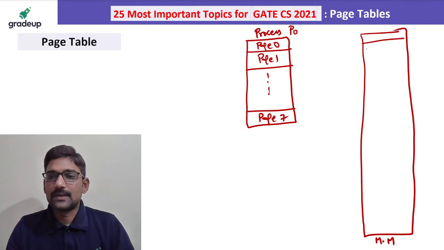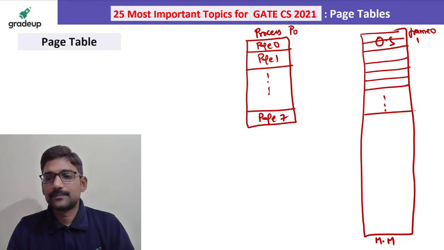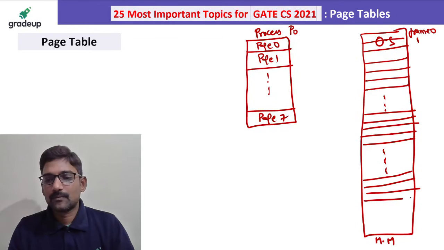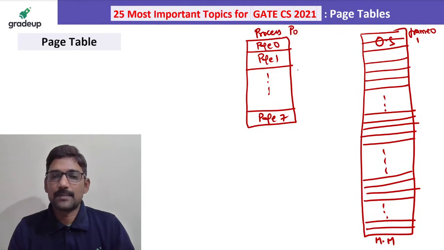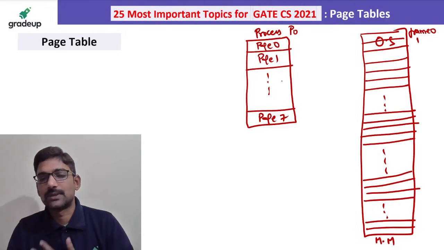Let's say frame 0, frame 1 is for operating system, just I am assuming. So in the further frames, these pages are mapped, stored.